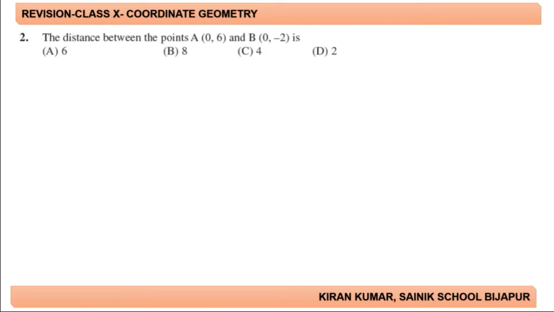Second question. The distance between the points A 0, 6 and B 0, -2 is. We need to make use of the distance formula, which is root of x2 minus x1 whole square plus y2 minus y1 whole square.